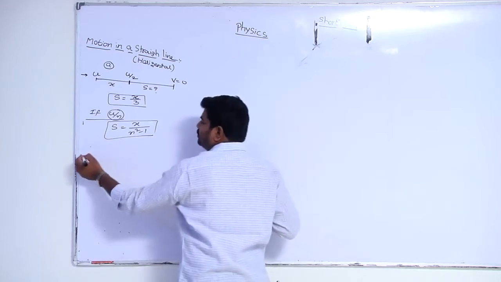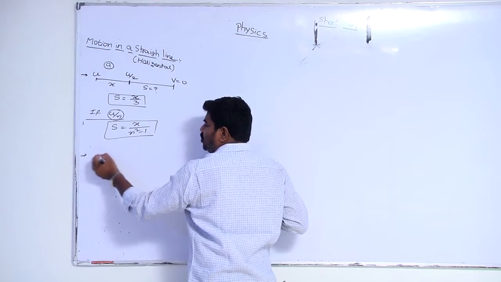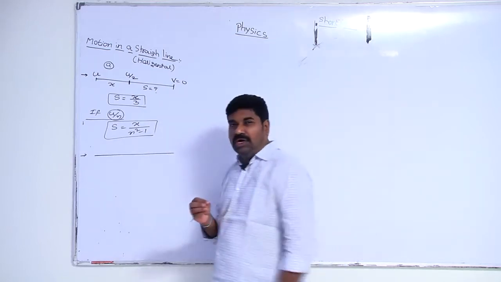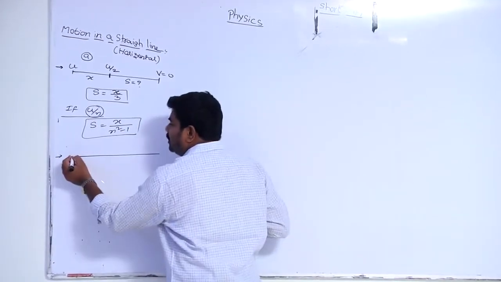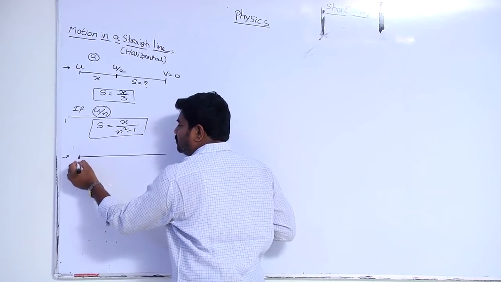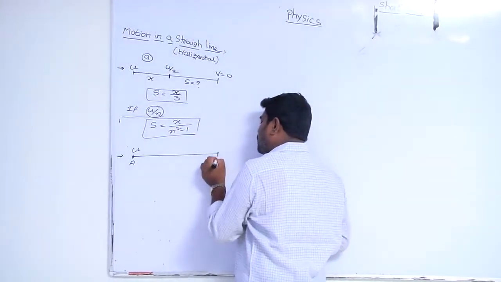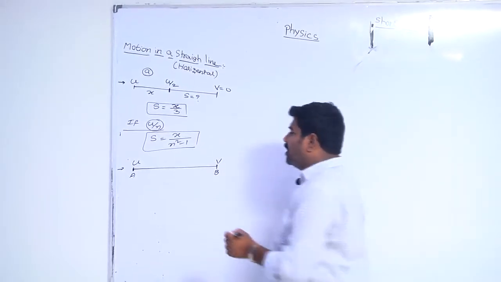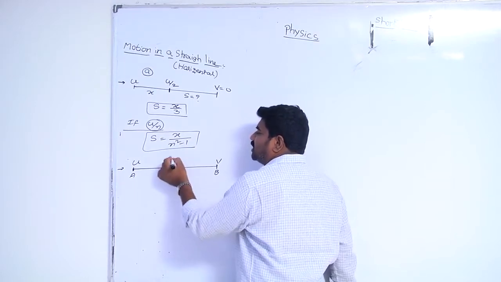Next application. If a body is moving with uniform acceleration along a straight line, and the velocity of the body at point A is u and the velocity at point B is v, then what is the velocity of the body at the midpoint of its journey?